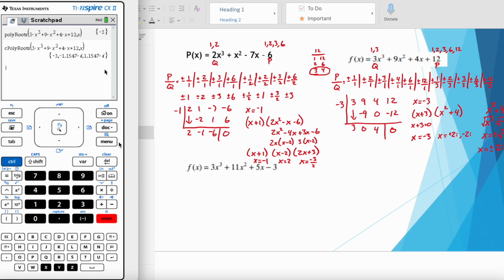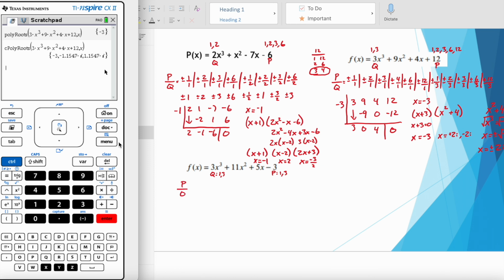Now, first thing to do would be find our p's and q's. P would be in the back, q is in the front. Notice our q is 1 and 3. Our p is 1 and 3.